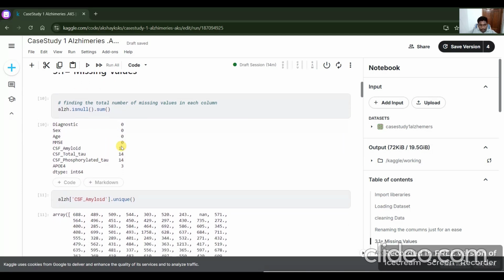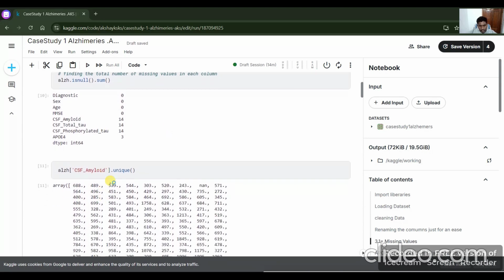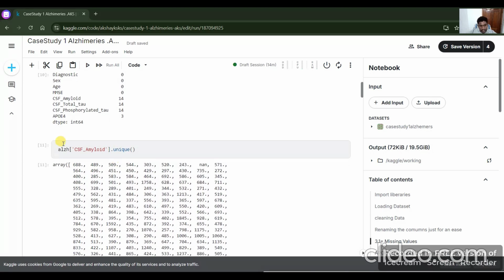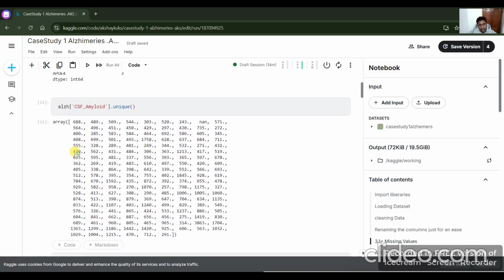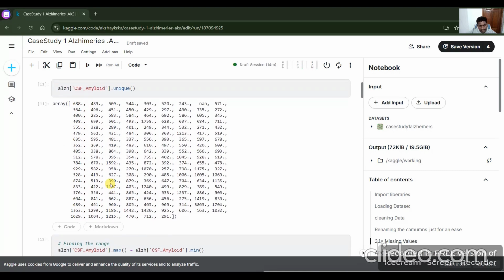We can see the missing values, then find the unique values, such as CSF_amyloid unique values.